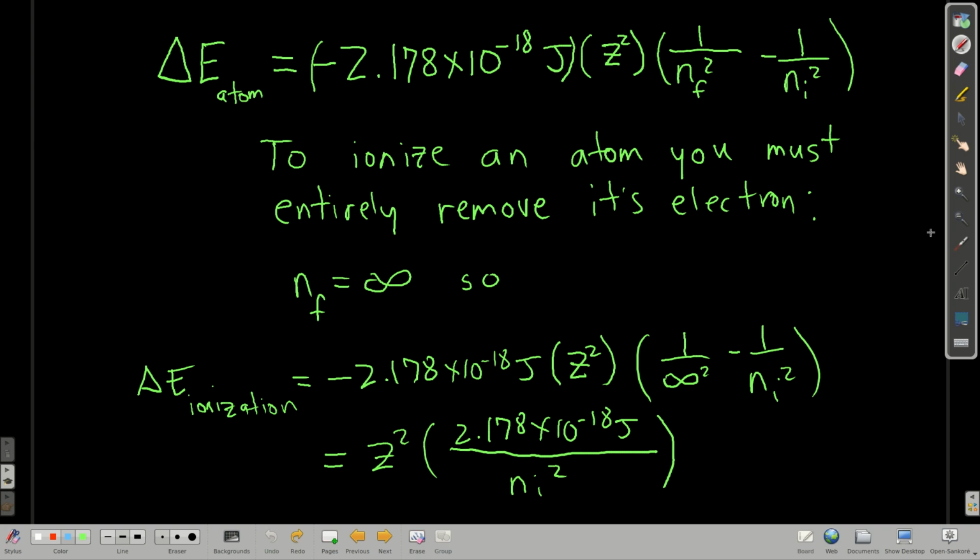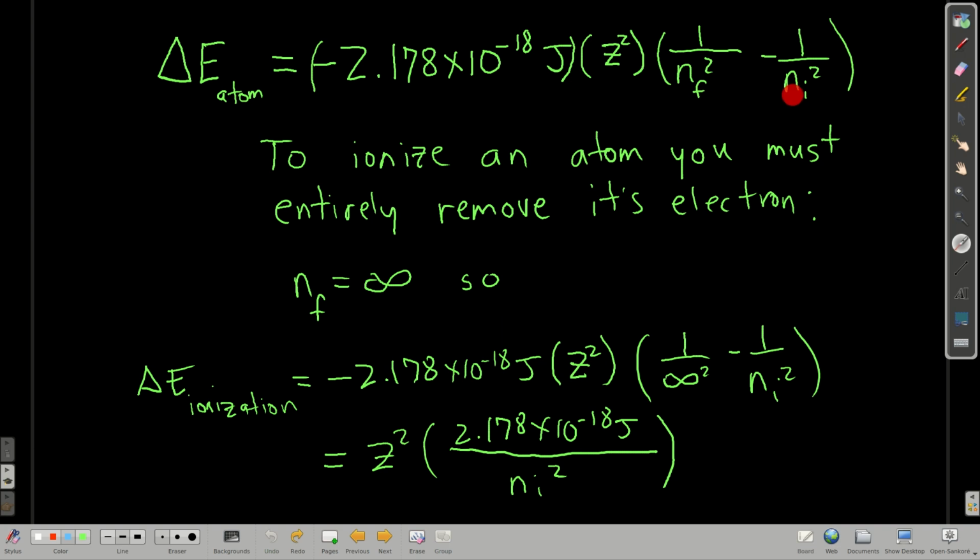This right here is a very useful form. You will use this form of Bohr's equation a lot. This describes the difference in energy of an electron in an atom between 2 different levels, n final and n initial, when it transitions from n initial to n final.